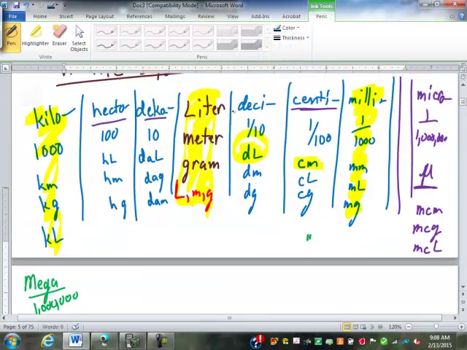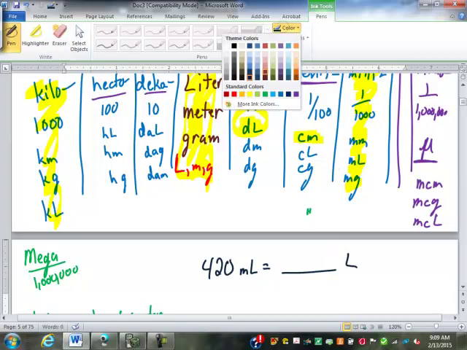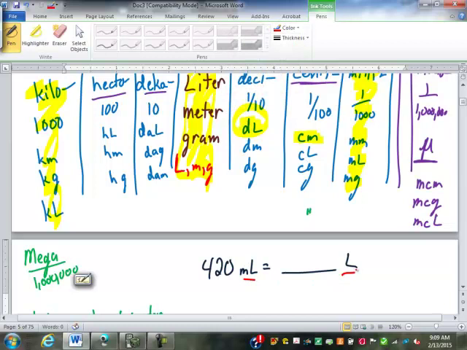So how do we do conversions in this metric system? It's really quite simple. Let's say I have 420 milliliters, and I want to convert it into just liters. Looking at my chart here, I'm going from milliliters to liters. So I start at milliliters, which is right here.